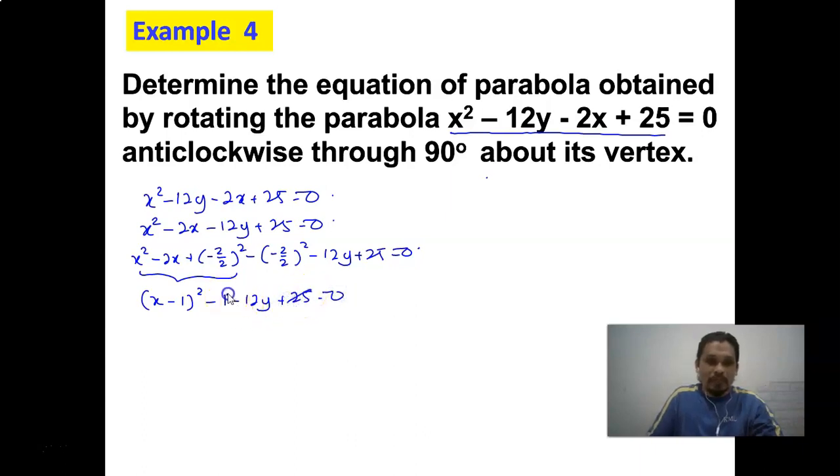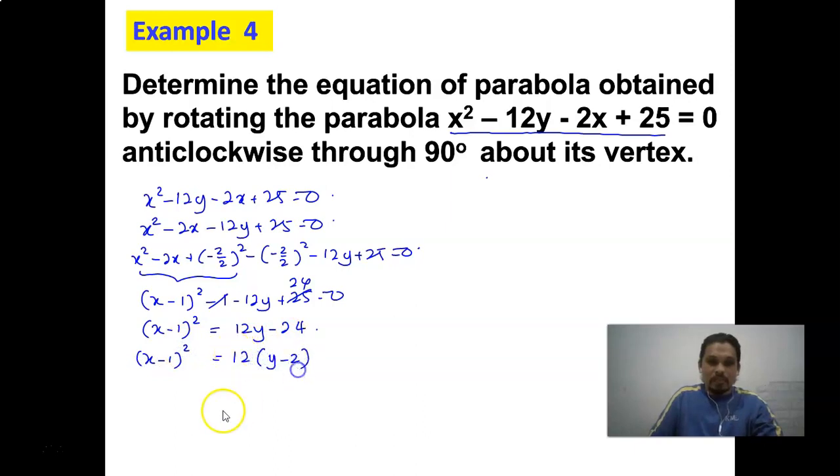So 25 minus 1 equals 24. Then (x minus 1) squared equals 12y minus 24, so (x minus 1) squared equals 12 times (y minus 2).